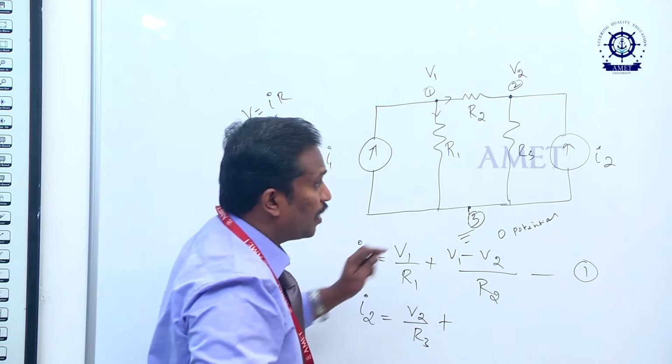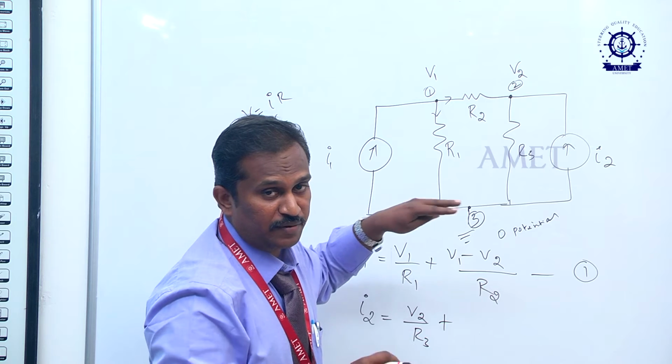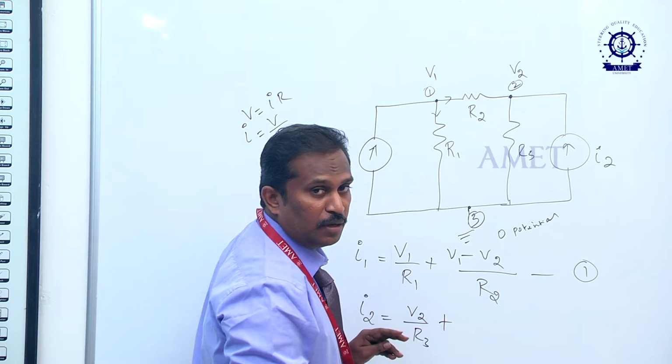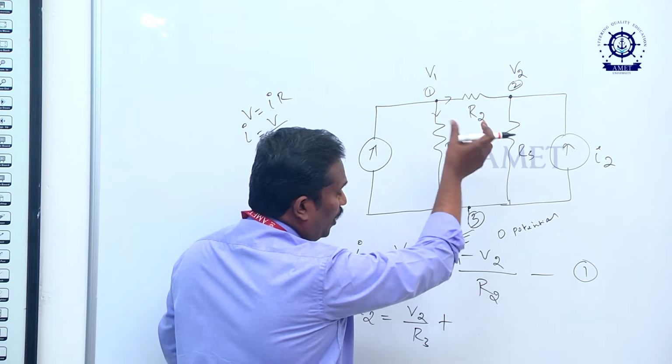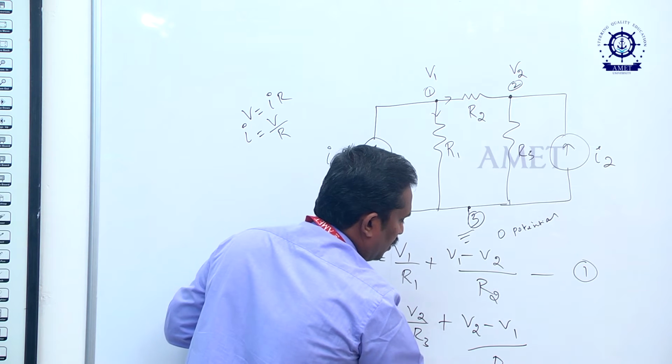As I said already, assume all the currents through the resistances are leaving from the node, because the currents through the resistances are unknown. So, the voltage is V2 minus V1 divided by R2.